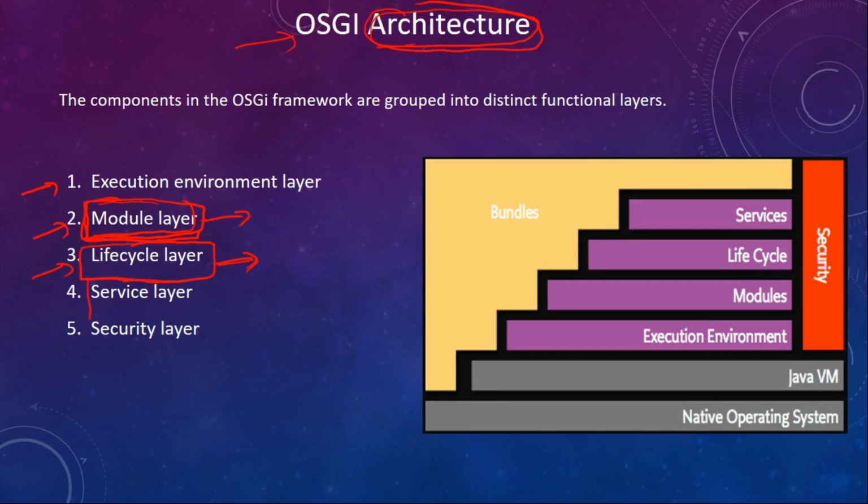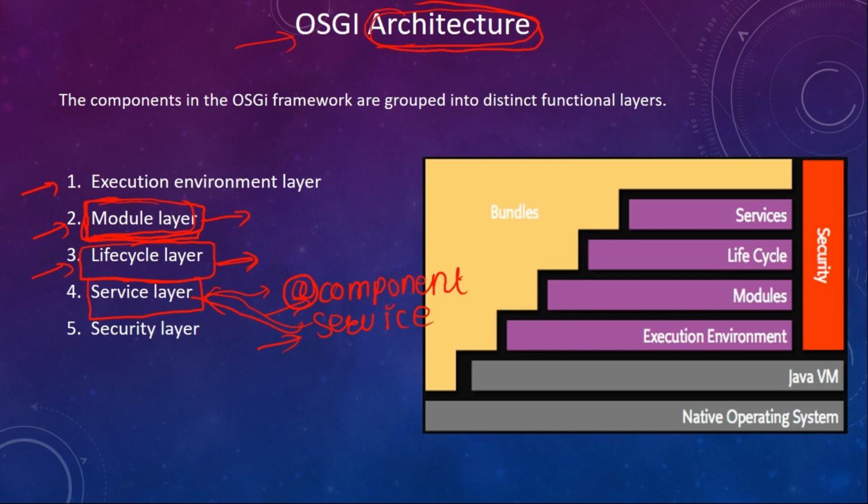After that we have the service layer. Here we have the concept of @Component, and another thing, we have a service. We have two things, the OSGI component and the OSGI service. Both the component and the service are registered inside your service layer.